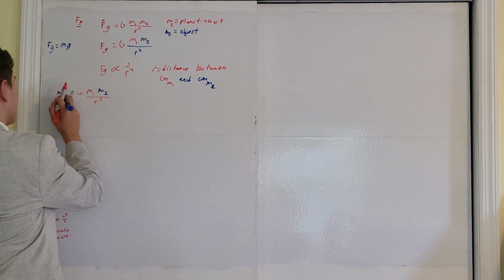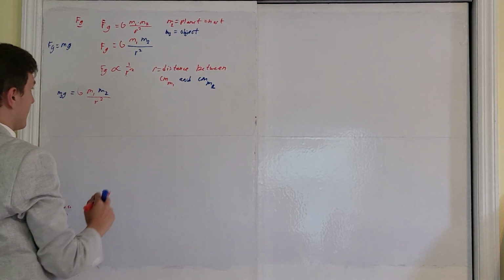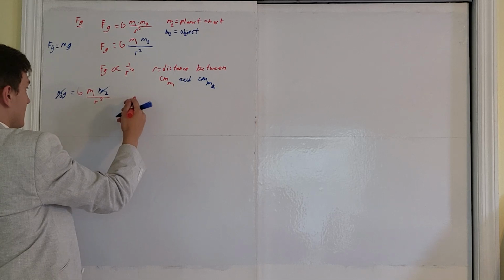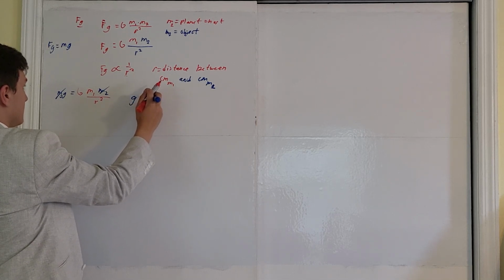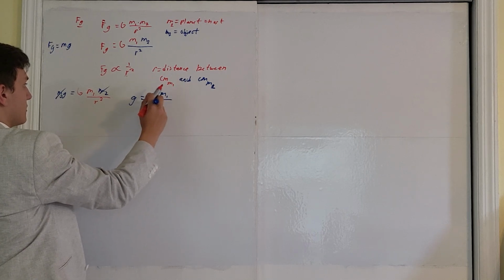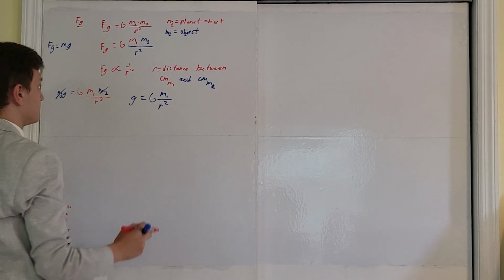Where on this side of the equation, this would be mass 2, the mass of the object. I can cancel both of these out and then say that g equals big G times the mass of the planet over r squared.